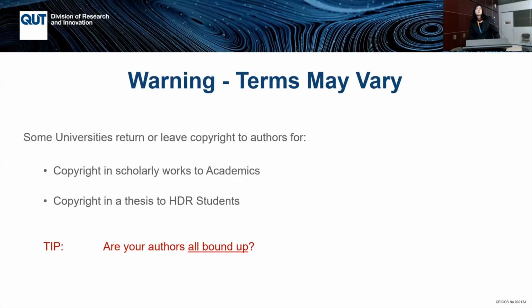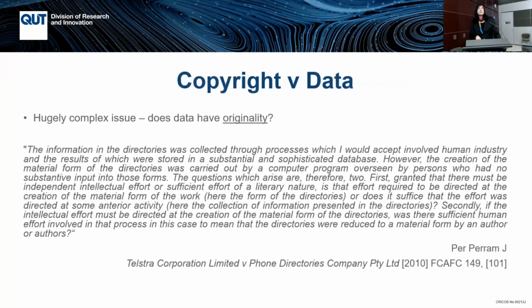So unless there's some kind of student IP deed there, then you might not potentially own what you think you're owning when you're writing the contract. My tip, and I've done this in red just to make sure that everyone knows it, is, are your authors all bound up? Certainly people should go through and figure that out before they start dealing with the IP.